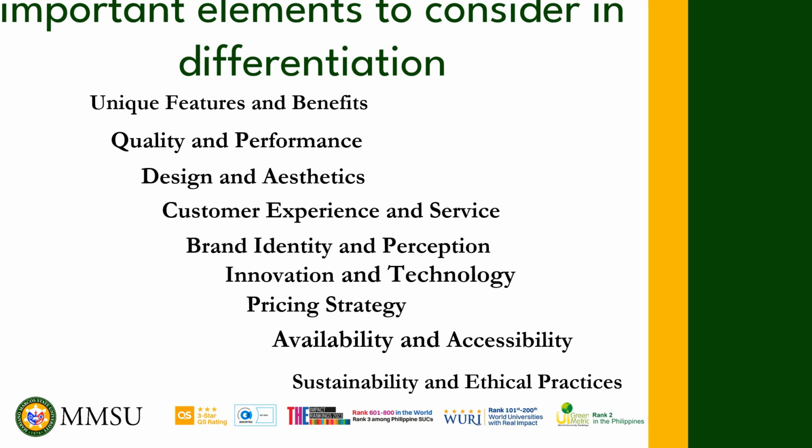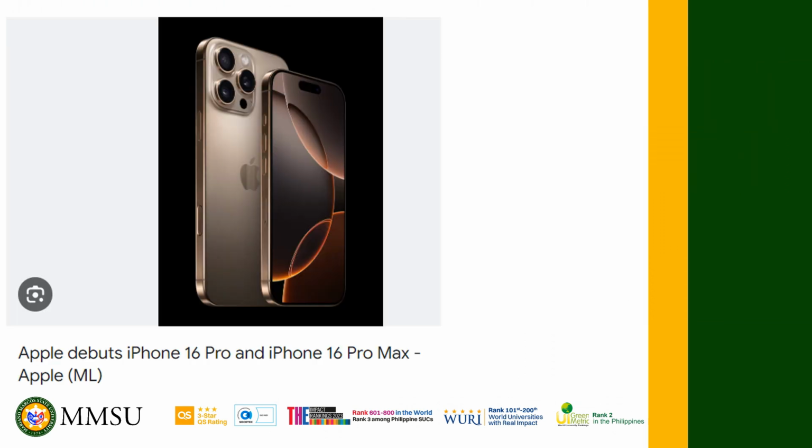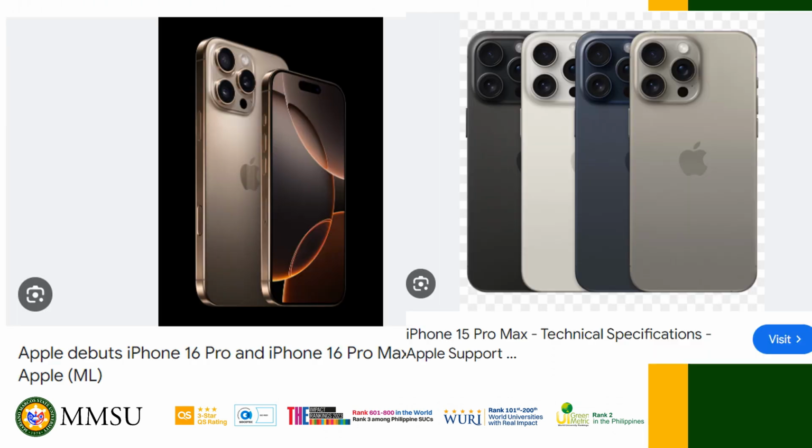So these are just the important elements that are included in this presentation, but we can make use of some others that we can search over the internet. But this time, let's stick to these elements for discussion purposes. So let's start with unique features and benefits.